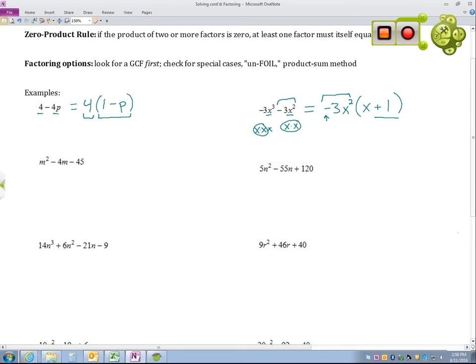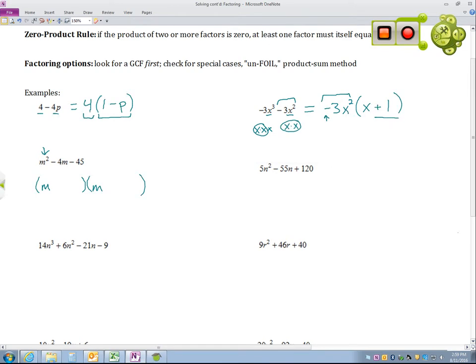Now, looking at this next one, I don't have any common factors between these three terms, so what I'm going to do now is unfoil, or try to go backwards into the two binomials that were multiplied to obtain m squared minus 4m minus 45. Okay, so if you think back to FOIL, the F was the product of the first terms, and that's m squared, so that means we probably have an m and an m in our two first terms there, because m times m is m squared.